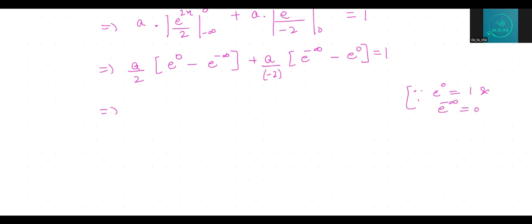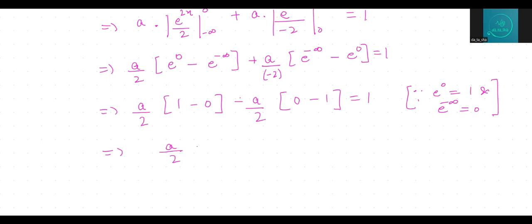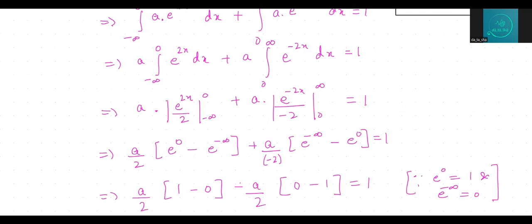So considering these values, this would be a upon 2 plus a upon 2 is equal to 1. So that means a is equal to 1. So here we'll get the answer as a equal to 1. This is how we can find out the value of a constant whenever such a question is given to us.